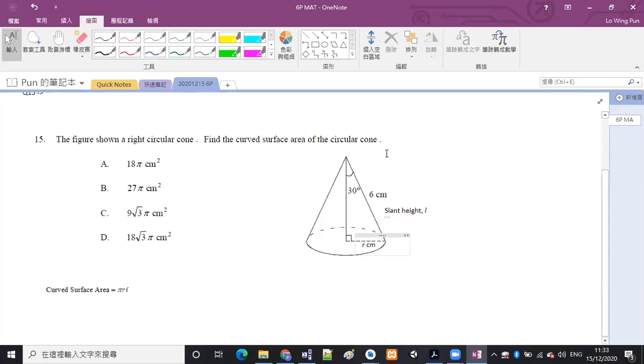When you consider the right angle triangle like this, we have r here, and we have 6 being the hypotenuse, and the theta being 30 degrees here.